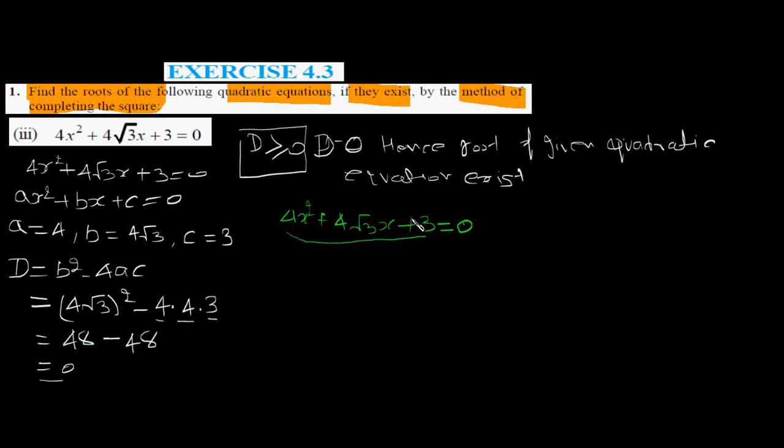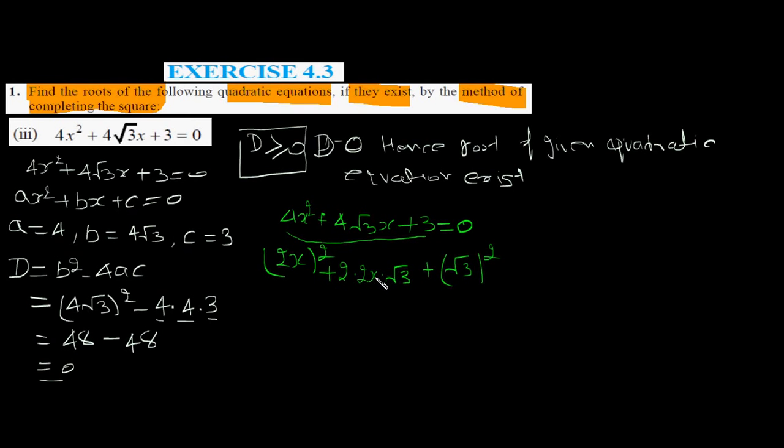We can write the first term as 2x whole square, and the last term as root 3 square. So we get a hint that if I want to make it a full square, the first term is 2x and the second term is root 3. The middle term I can write as 2 into a, which is 2x, and b, which is root 3.